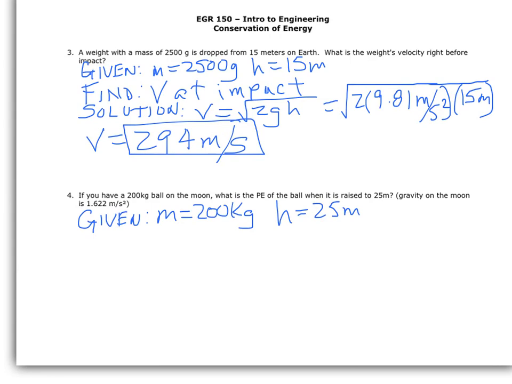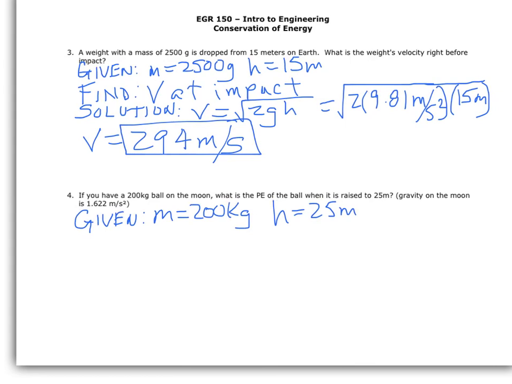And we're going to need then the gravitational constant, which on the moon is 1.622 meters per second squared. Okay, and we want to find the potential energy on the moon.